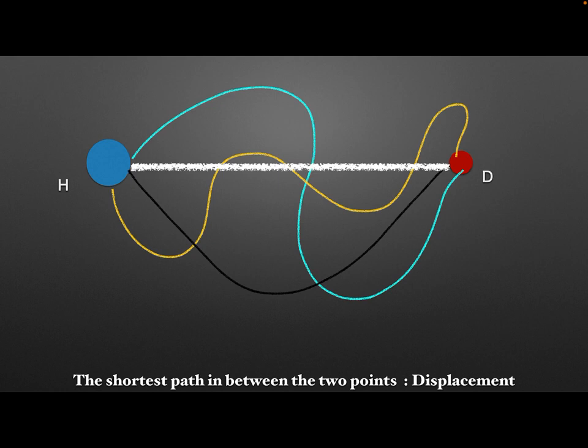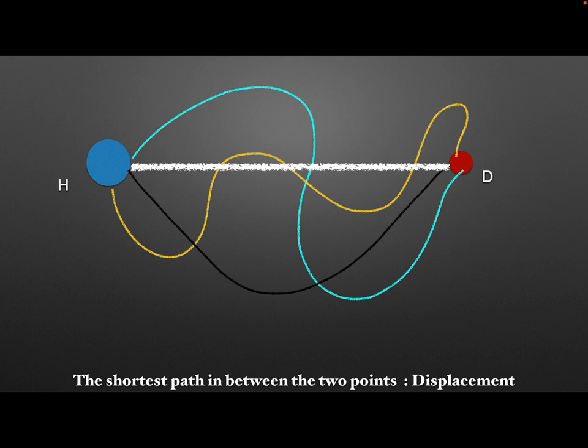Now I want to be very careful and make many notes here, and you have to be with me. If you look at the yellow path, you will find a distance, that you are covering a distance, not displacement, because displacement is the shortest path.